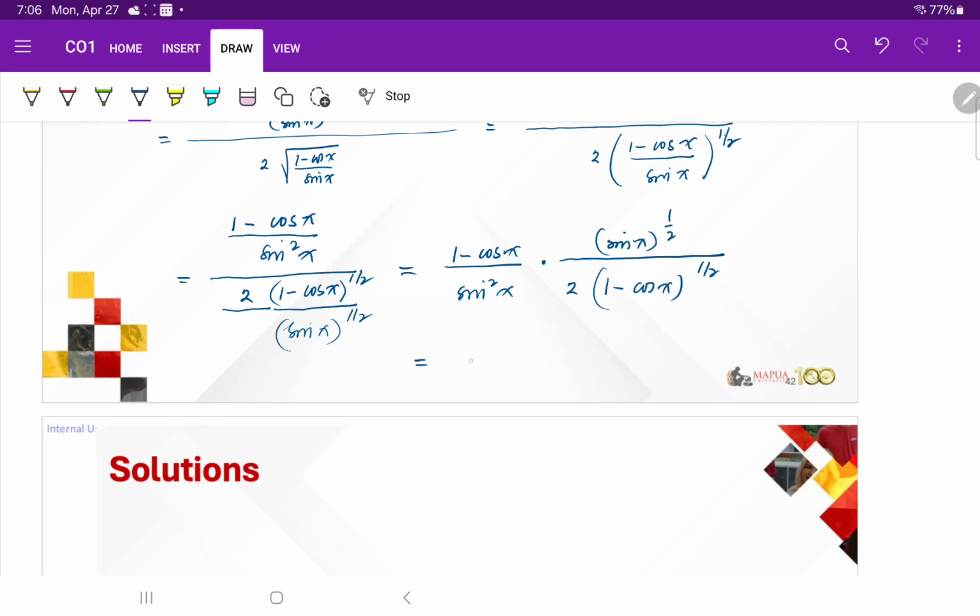1 minus cosine x to the 1 minus 1/2 times what? Sine x to the 1/2 times sine, okay. Sine square x can actually be written as sine x squared.